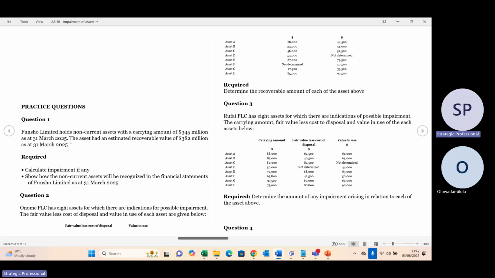The asset had an estimated recoverable value of 382 million as at 31 March 2025. Required: calculate impairment, if any. Show how non-current assets will be recognized in the financial statement of Funsure Limited as at 31 March 2025.